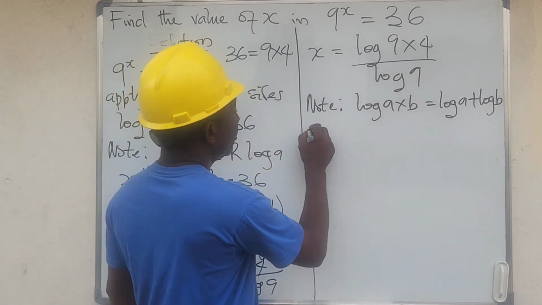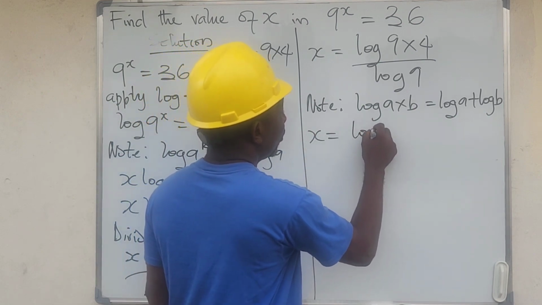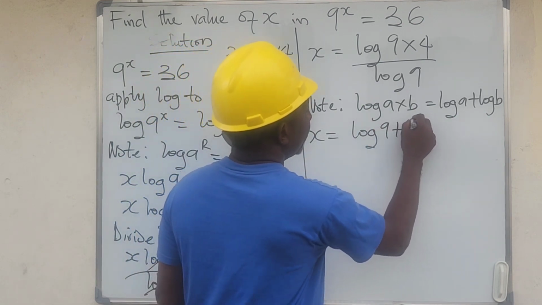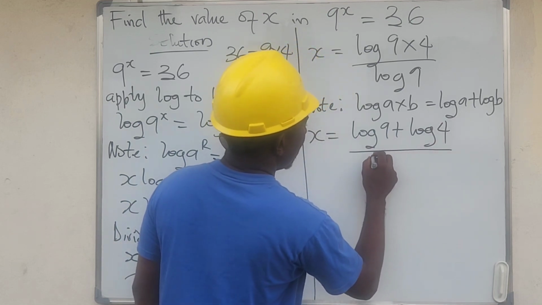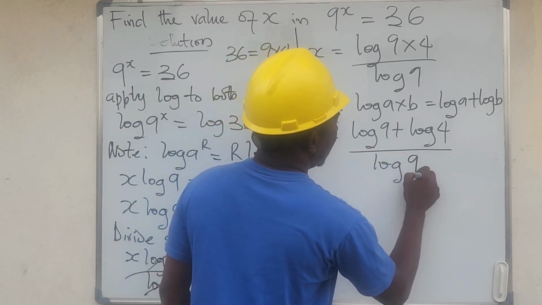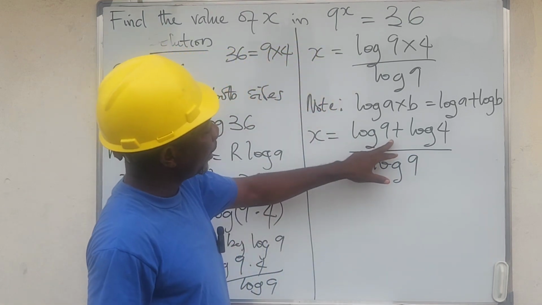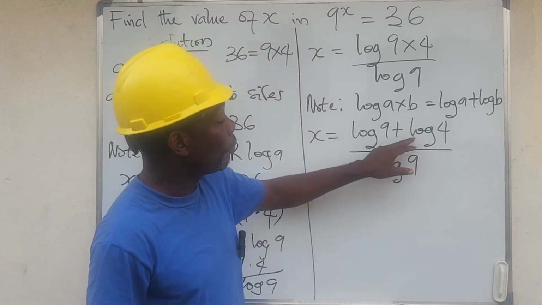So here x equals log 9 plus log 4 all over log 9. And here, this is the common denominator of these two.